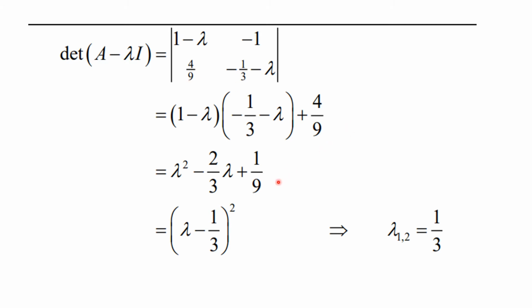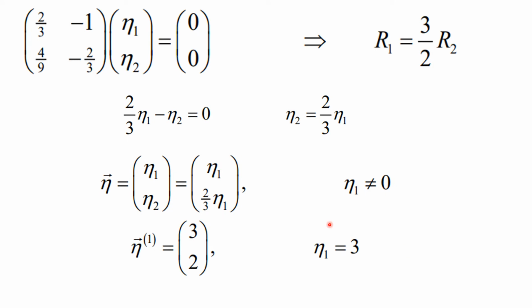We simplify and we have lambda squared minus 2/3 lambda plus 1/9, which factors, and you see we have a double root, a root of multiplicity 2, of 1/3. So we take A minus lambda I times these, for the lambda that we had, and we get equal to 0.